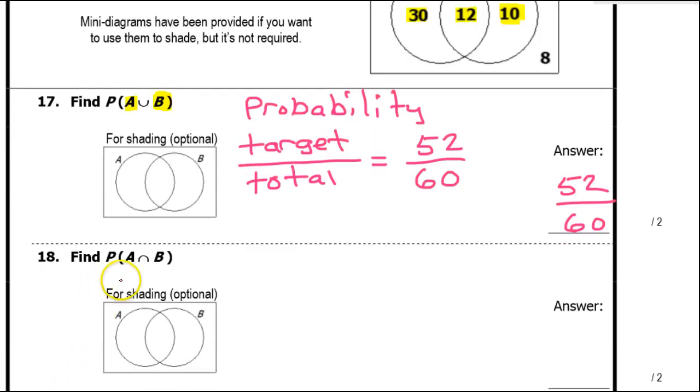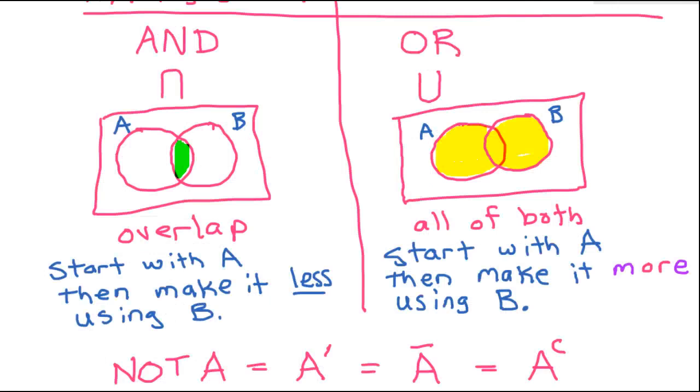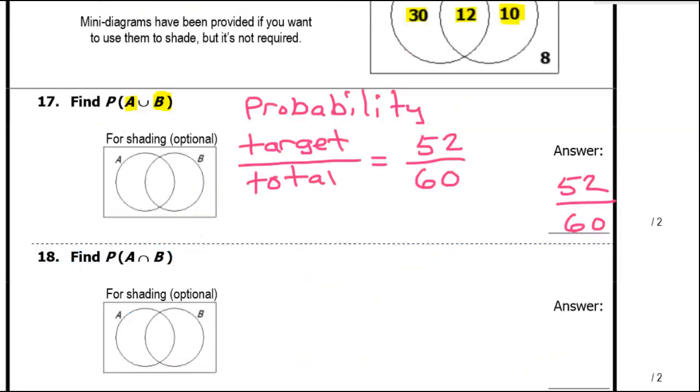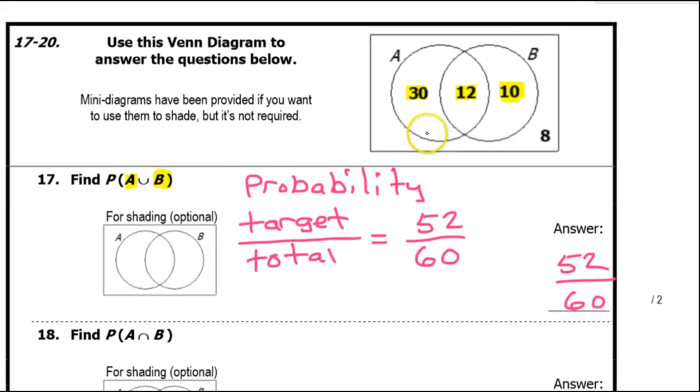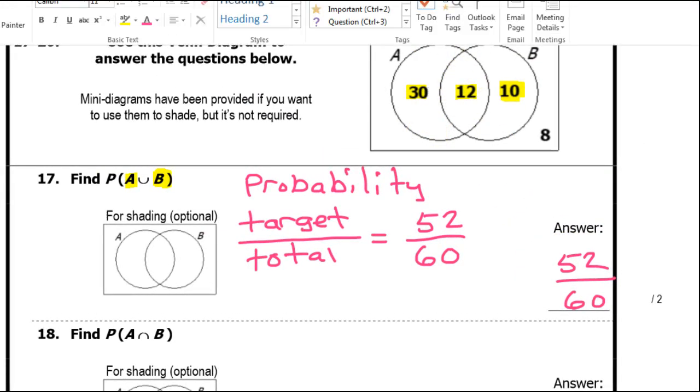And number 18, still probability, so still target over total. It's going to be a fraction. But this is an and problem. And we know that when we're doing and, it is the overlap. So for a simple problem like this, where you just have A and B, you don't need anything fancy. You know it's going to be just the part in the middle.